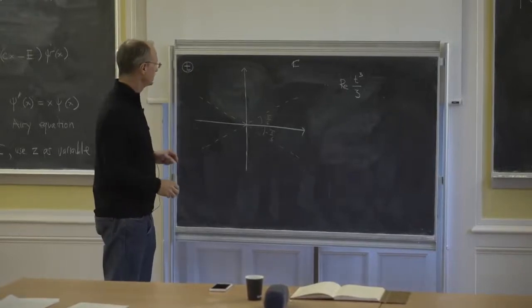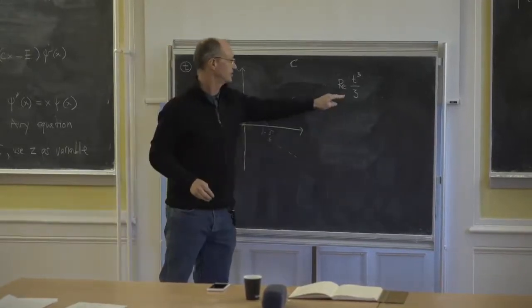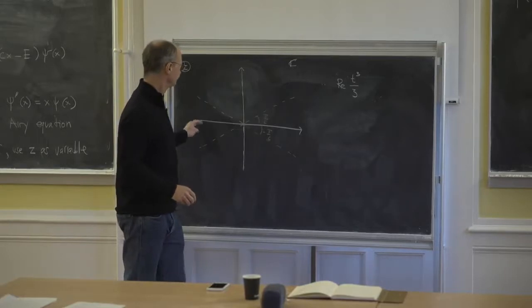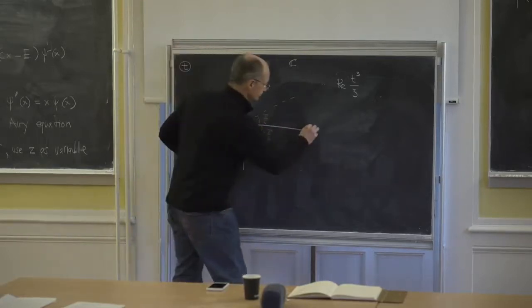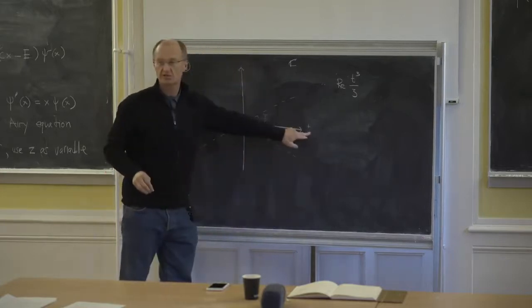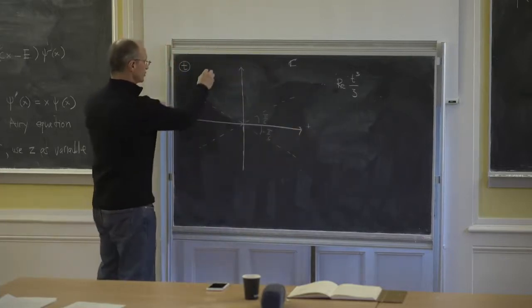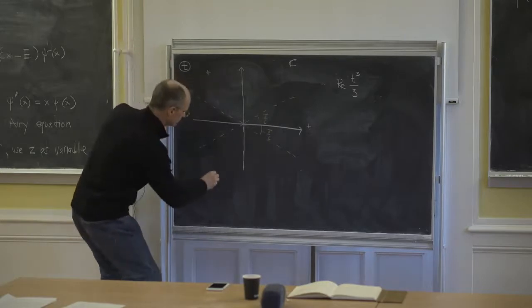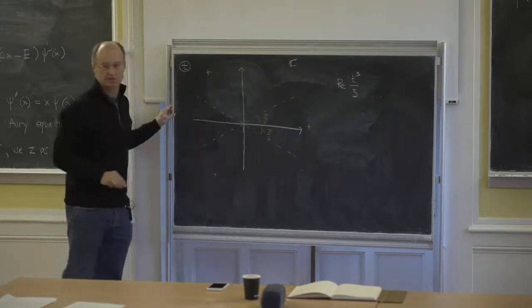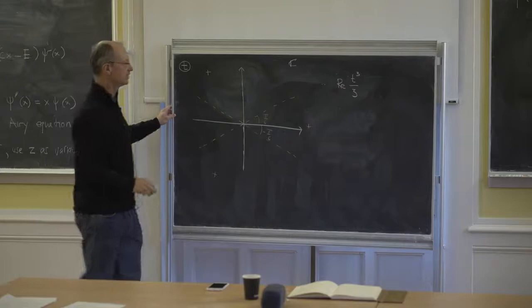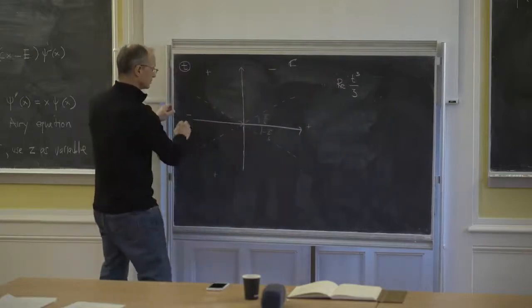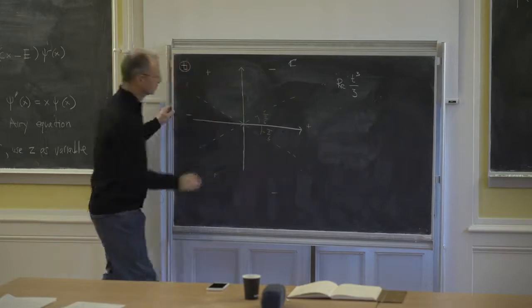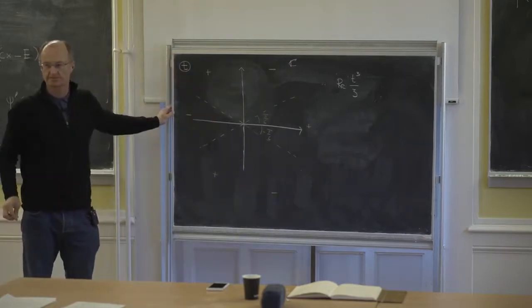Now what happens with this expression? Clearly it grows in this sector, and it's easy to see that it also grows in those 2 sectors. And it is negative in these 3 sectors.